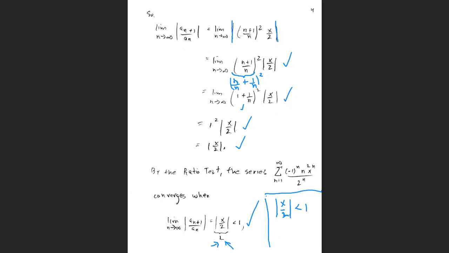All right. Well, so let's go to the next page here and solve this inequality. Well, actually, let me go to the whiteboard real quick. So what we have here is the absolute value of x over 2 is less than 1.